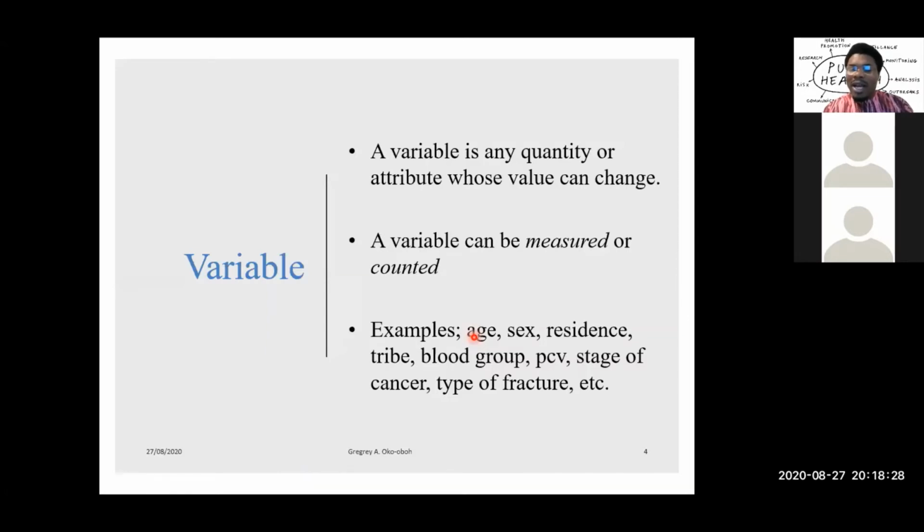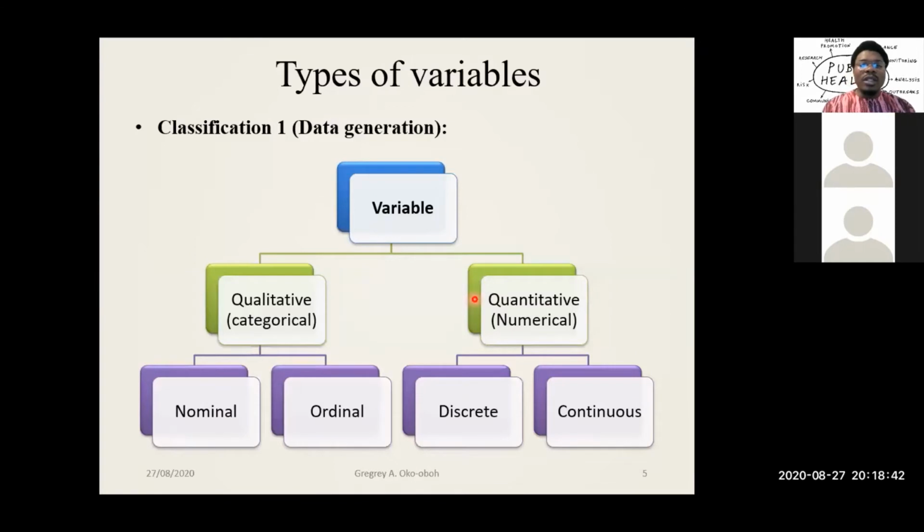And a variable can either be measured or counted. So when do we measure a variable and when do we count a variable? That will lead us to the next phase, which is types of variables.